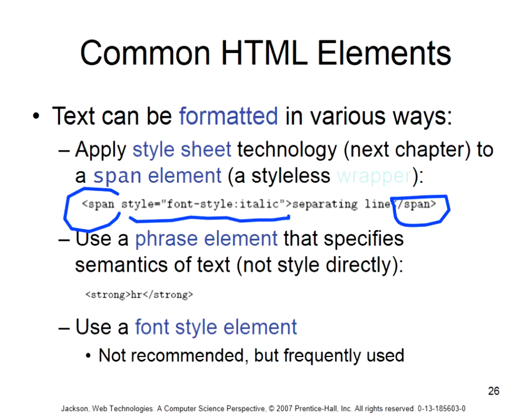So when we write span style equal font-style italic around separating line, that means we want to display the words separating line in italic. It's clear why we use span?